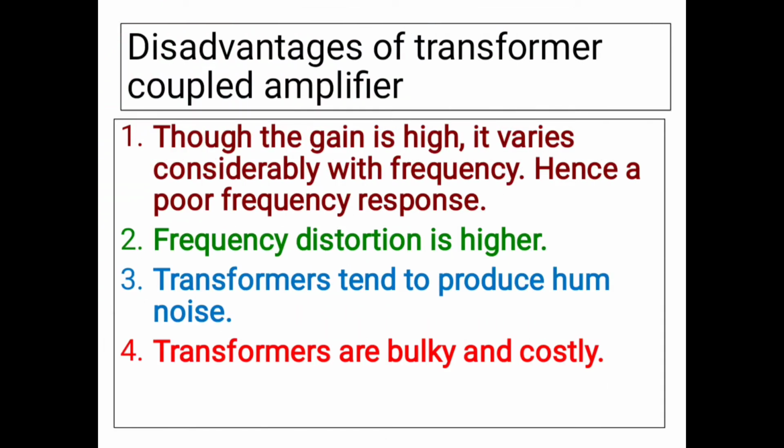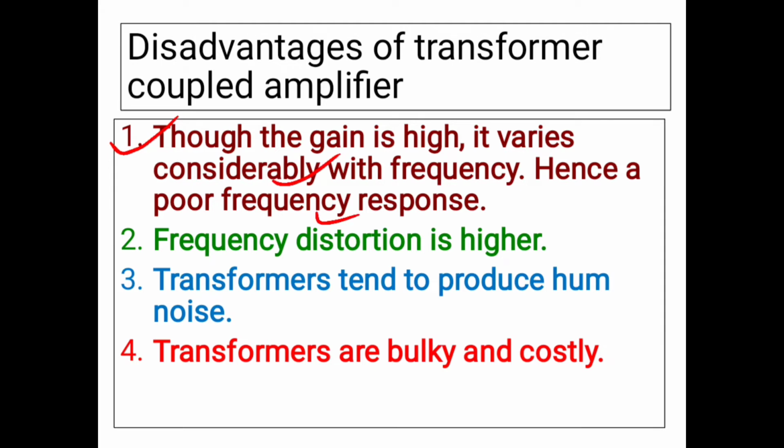Now we will discuss the various disadvantages of using transformer coupled amplifiers. A few of them are mentioned here. The first disadvantage is that although the gain is high in the case of the transformer coupled amplifier, it varies considerably with frequency, hence a poor frequency response.